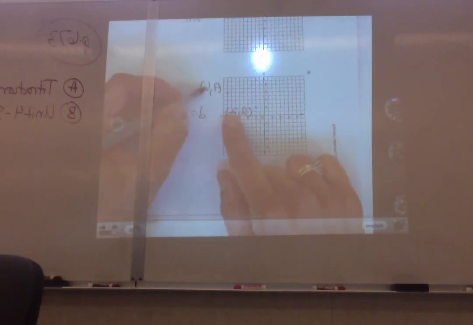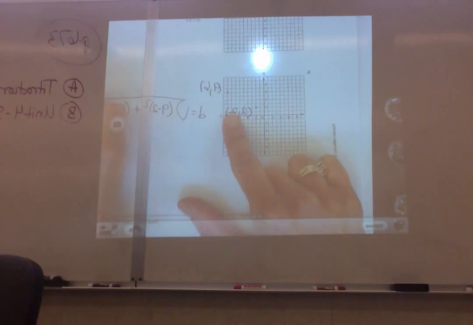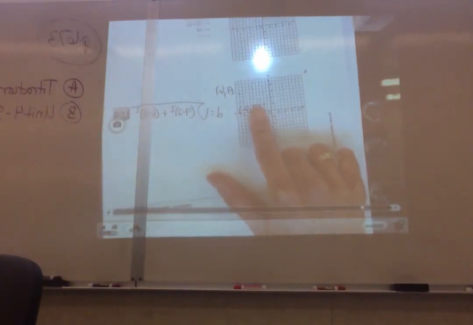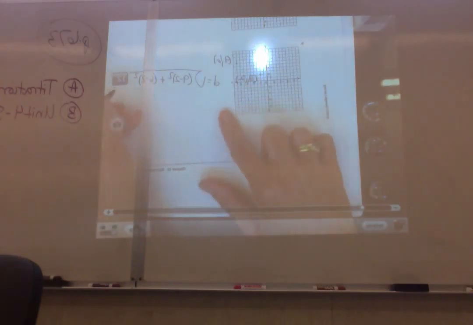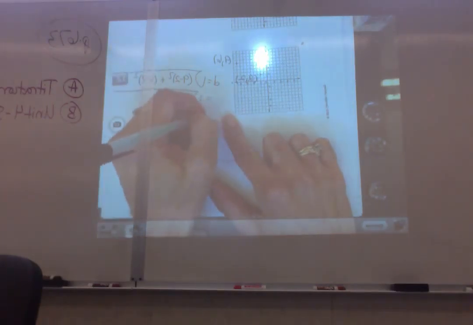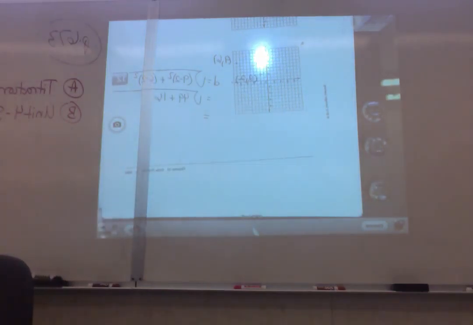Here's the 2 y's, 6 and 2. 9 minus 2 is 7. 7 squared is 49. 6 minus 2 is 4. 4 squared is 16.